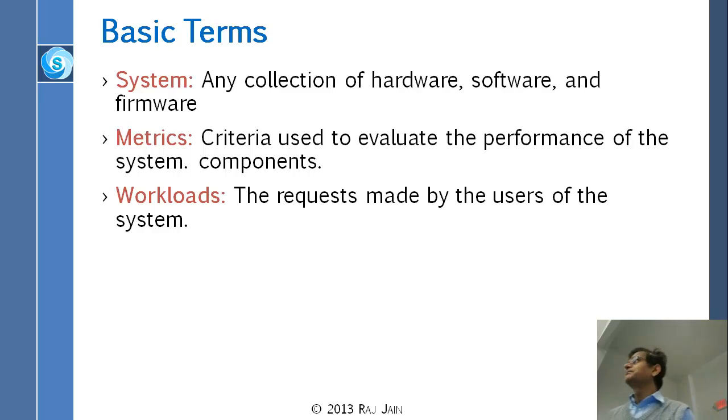First is system. Now, when I say a system, it could be any little thing or any big thing. It could be any collection of hardware, software, firmware, anything. For example, if you are just writing a search algorithm, that's your system. If you are designing a database system, that's your system.